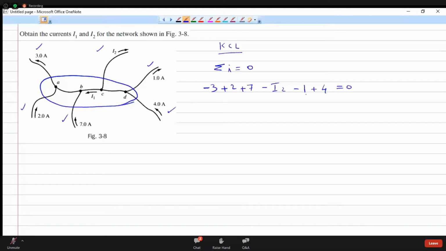That is, the algebraic sum of the current entering the network should be equal to the current leaving the network, or the algebraic sum should be equal to 0.